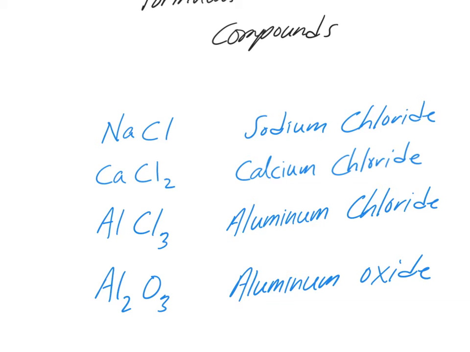All right? Since these can only come together in one possible way, then it's okay to just call these sodium chloride, calcium chloride, aluminum oxide. For molecular compounds, the atoms can come together in many different kinds of ratios.